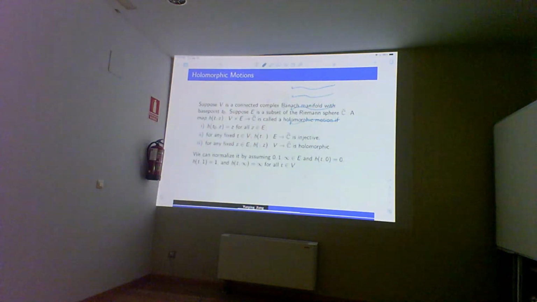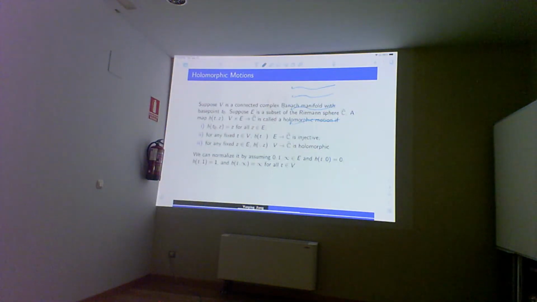In this definition, there is nothing about continuity, except that in the T part it is holomorphic. But it turns out this holomorphy is very strong. First, this map can be extended to the closure of E, so you can extend it to a holomorphic motion on the closure of E. In this talk, I will always assume E is a closed subset.